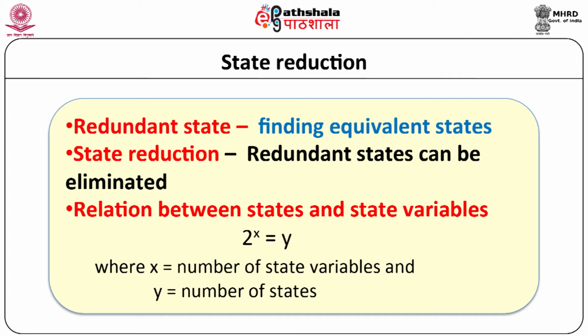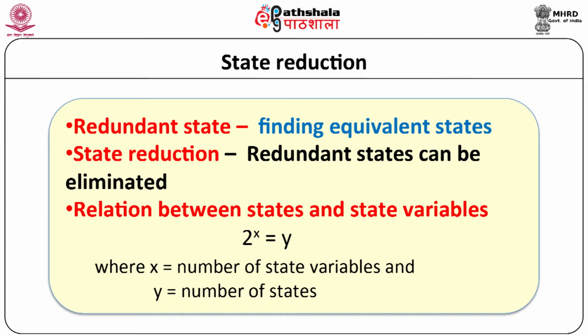The relationship between the number of states and the state variables is 2^x = y, where x is the number of state variables and y represents the number of states. This relationship clearly indicates that if we reduce the number of states, the number of flip flops can also be reduced.